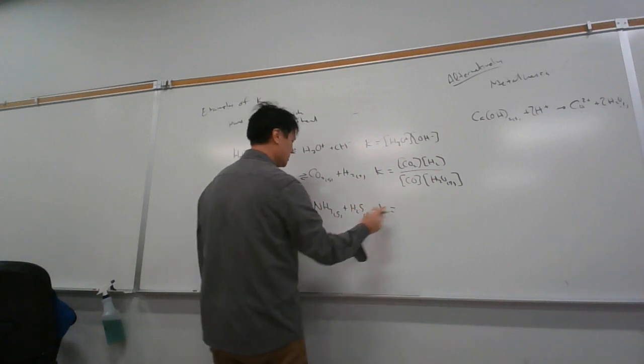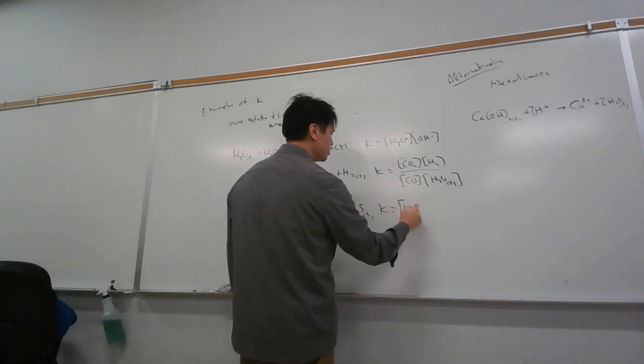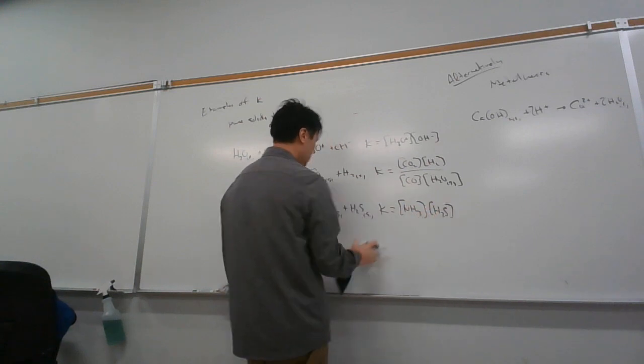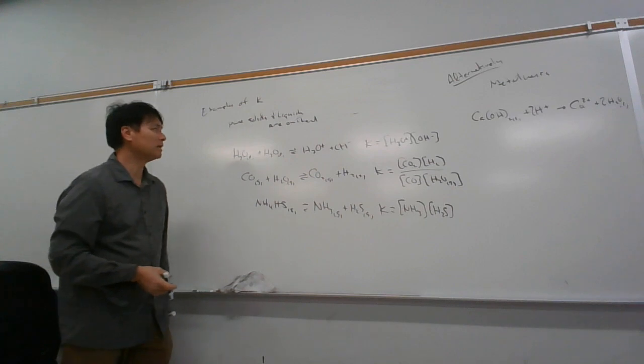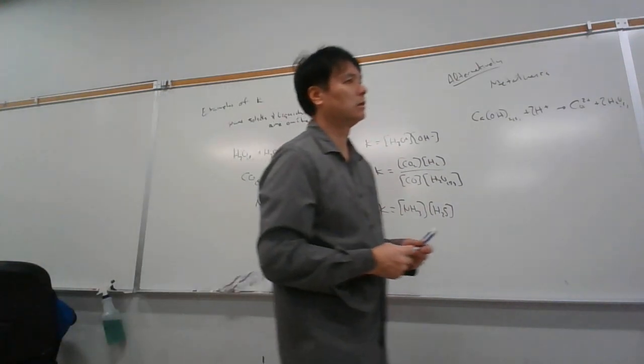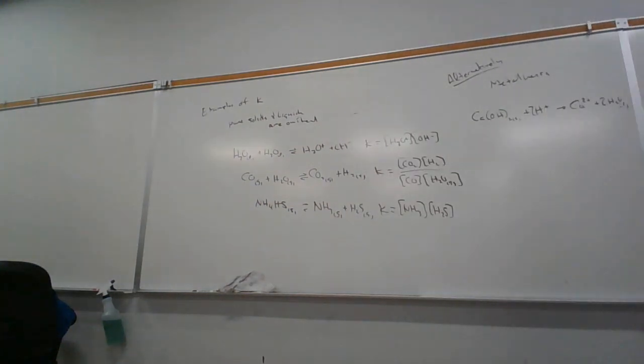And so K is going to just be the ammonia concentration times the H2S concentration. The solid we omit. It's not really omitted from the equation. It's there as a number one.